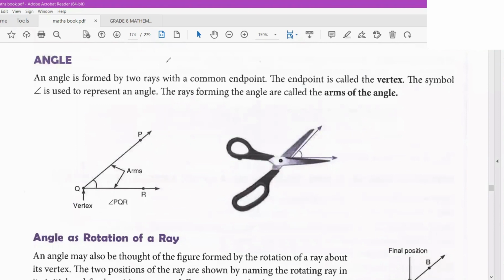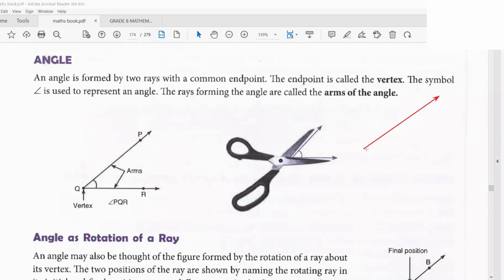But if we have an angle like this, how many endpoints are there? Are these lines? They are rays. Angles are made by rays, not lines. So an angle is formed by two rays with a common endpoint.